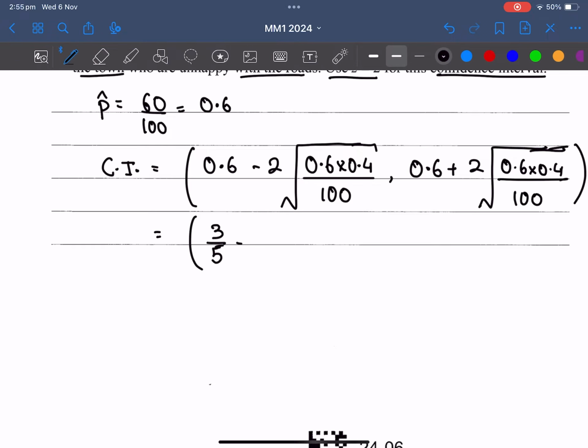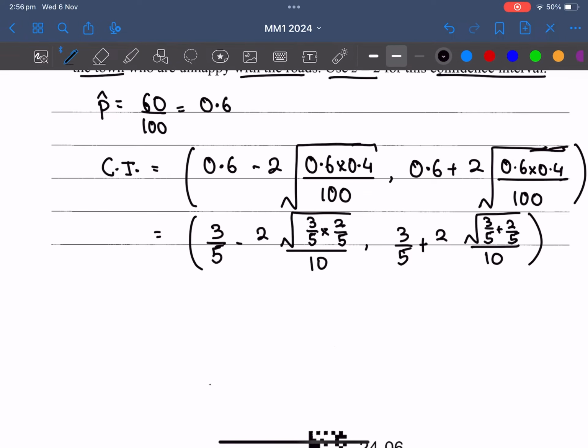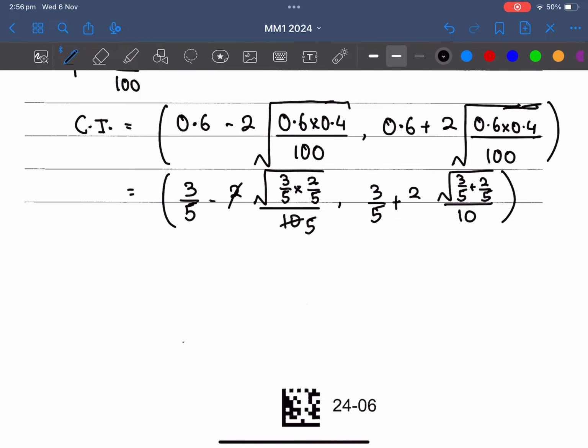Minus 2. Actually, the 100 will just simplify to 10 under the square root. So 3 on 5 times 2 on 5, divided by 10. So 3 on 5 plus 2 times the square root of 3 on 5 times 2 on 5 over 10. Okay, so I guess we can cancel this out. Cancel this out as well.